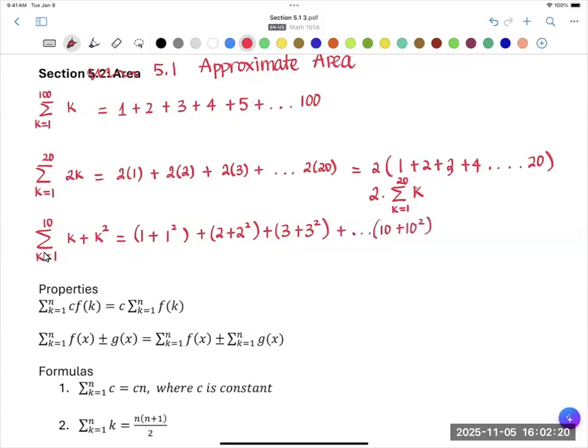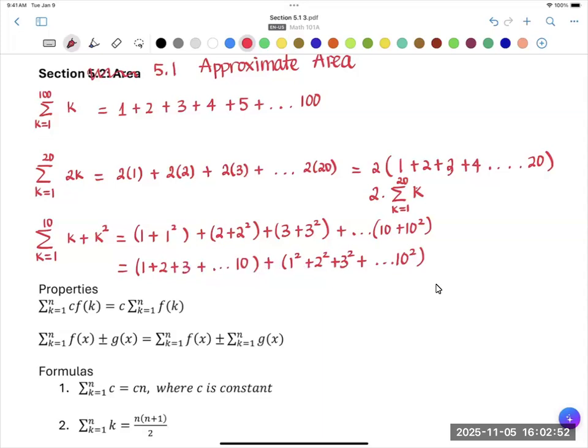Instead of doing the summation together, we can consider putting all the values 1 to 10 into k, and then adding all the values 1 to 10 into k squared. So we can write 1 plus 2 plus 3 up to 10, and then add 1 squared plus 2 squared plus 3 squared up to 10 squared. This gives you the same result because addition has the associative property.